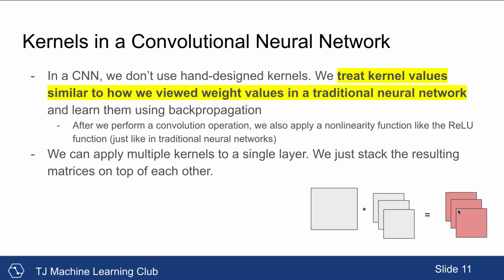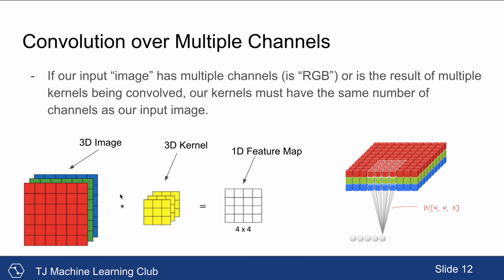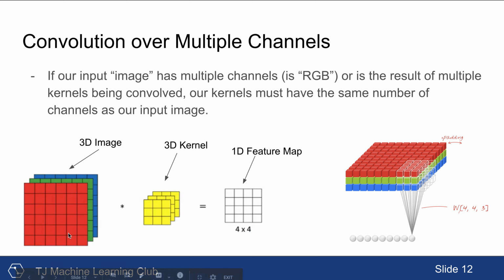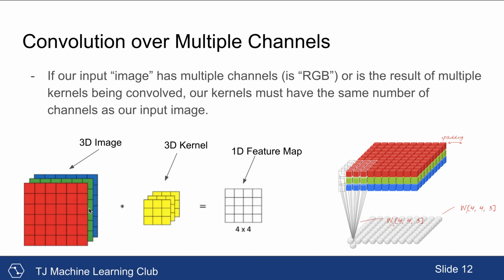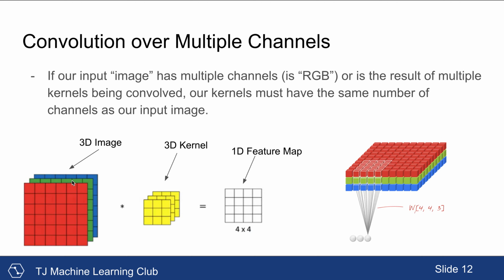So how do you deal with 3D images? That's a good question. This is useful not only if our previous layers had outputted multiple dimensions, but also for 3D images like RGB, right? Any color image has three channels: red, green, and blue.